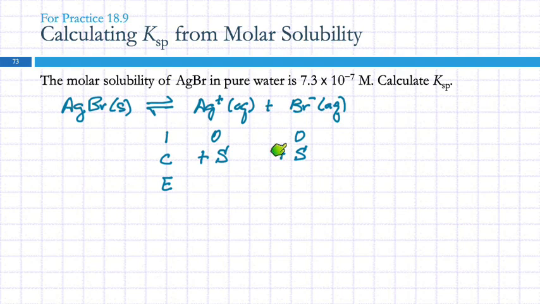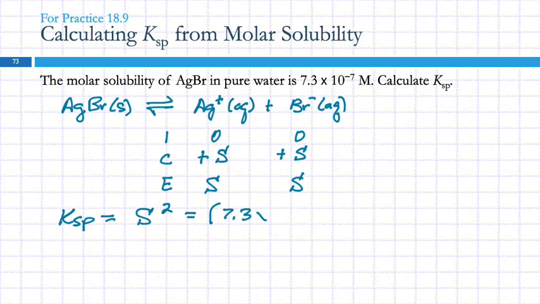So if this was 2Br, it'd be 2S. So this is S and S, and we see that the KSP is equal to S squared, because it's this concentration times that concentration. Well, here's the molar solubility. So we can just plug that in here. And square it.